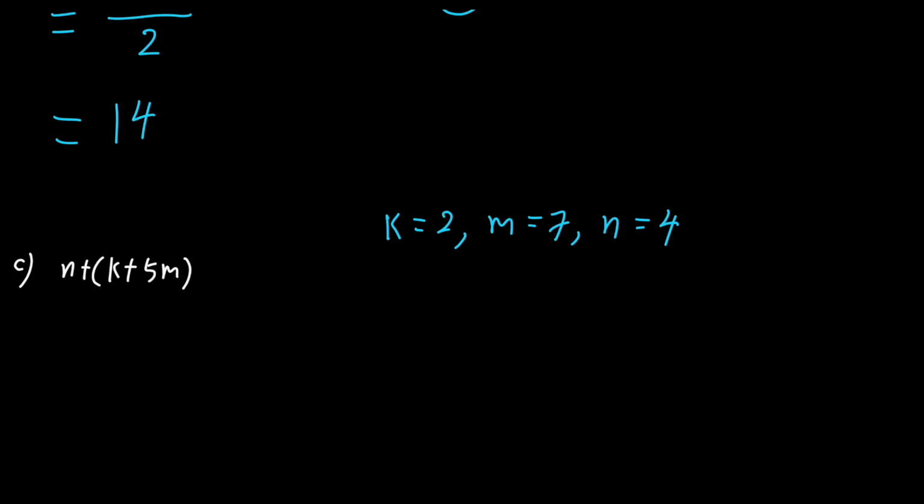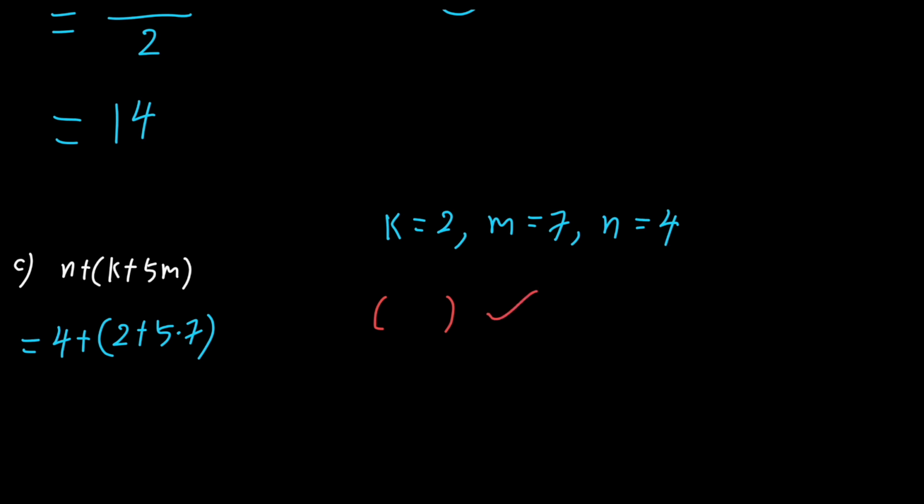So n represents 4, then plus k represents 2, and 5 times m represents 7. Then we gotta follow the order of operation. Do we have parentheses? Inside the parentheses we have 2 plus 5 times 7.